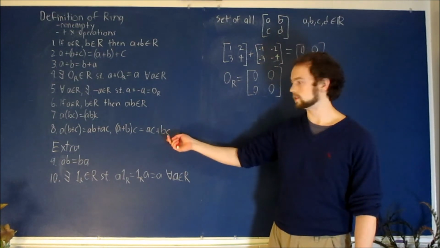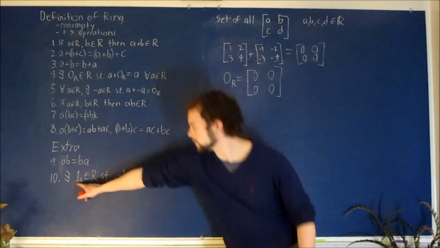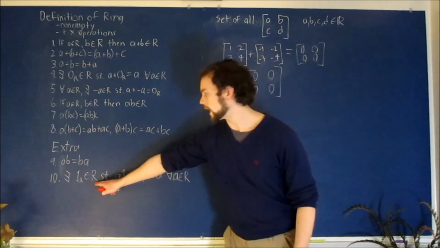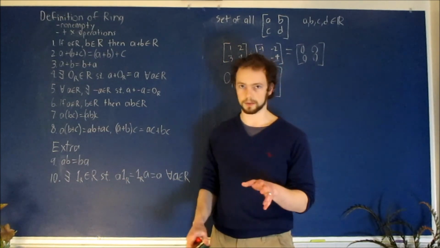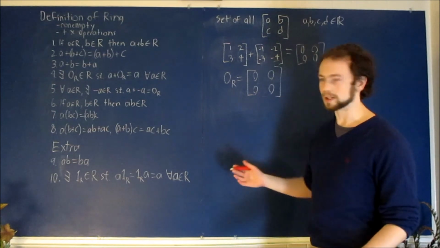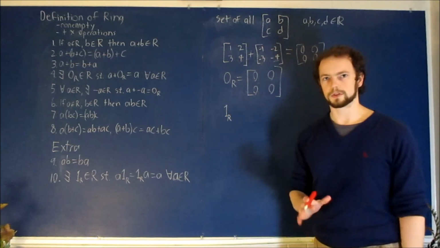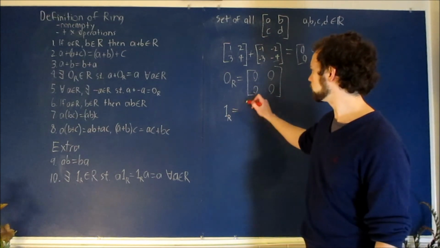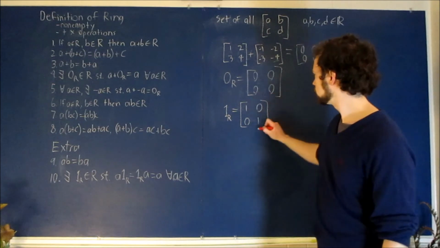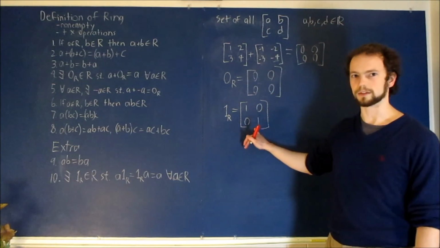Now, in addition to these 8, this set does also satisfy 10 here, because we do have a multiplicative identity with this, and that is something called the identity matrix. And if you've studied matrices before, you probably remember what this is. It's this matrix. This is the multiplicative identity for this ring.